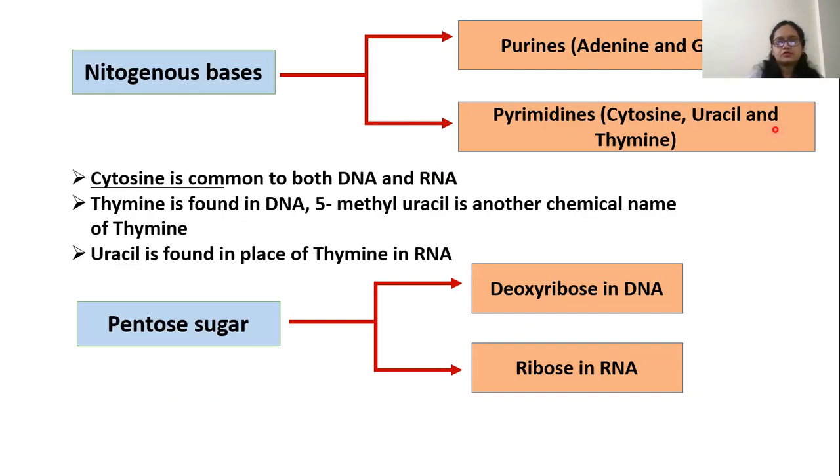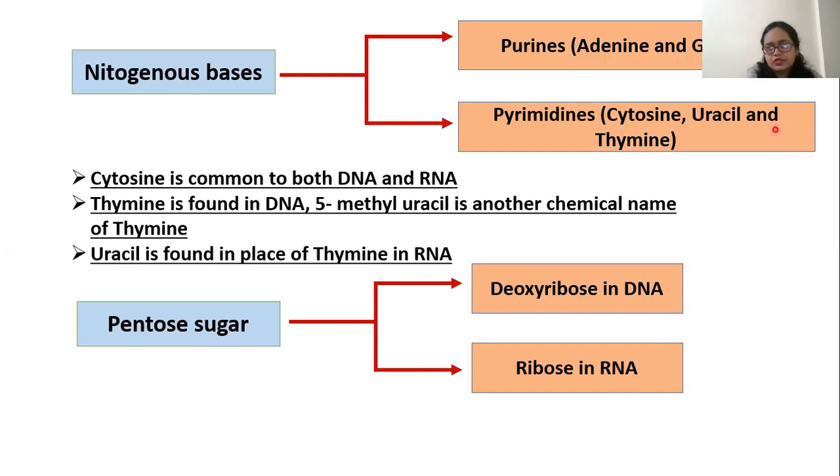So cytosine is common to both DNA and RNA, while thymine is found in DNA, and another chemical name of thymine is 5-methyl-uracil. Uracil is found in place of thymine in RNA. So in RNA, in place of thymine, the uracil nitrogenous base is found.